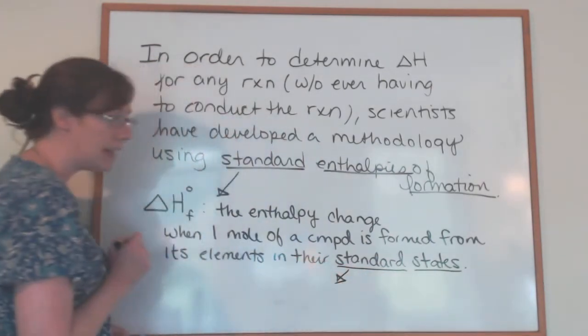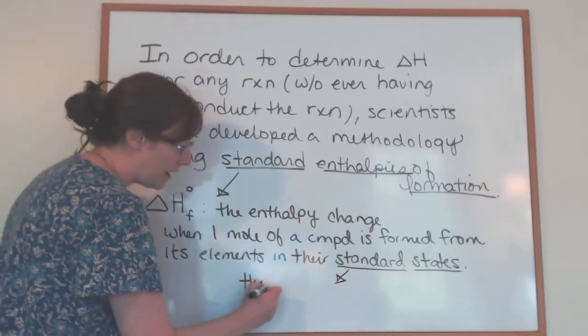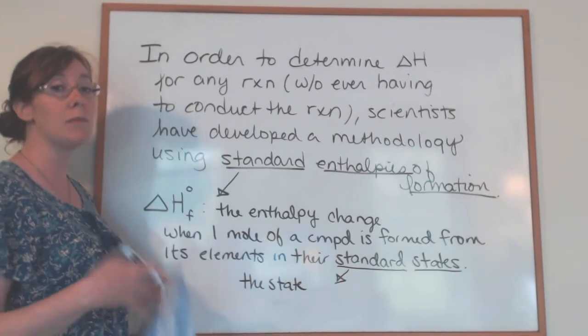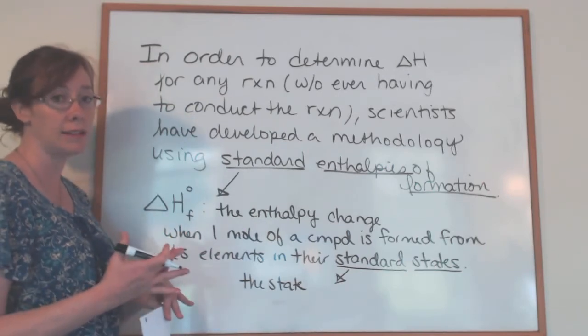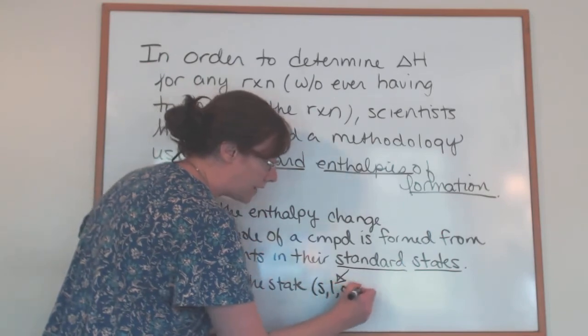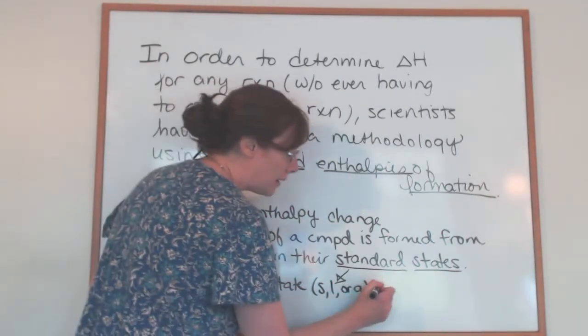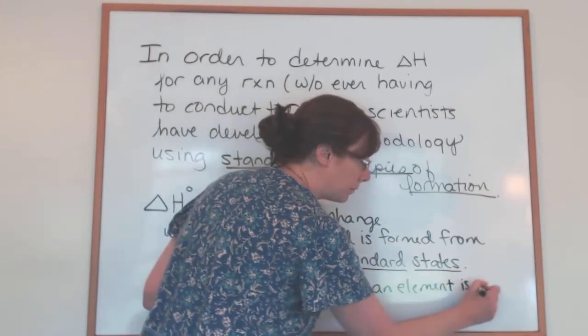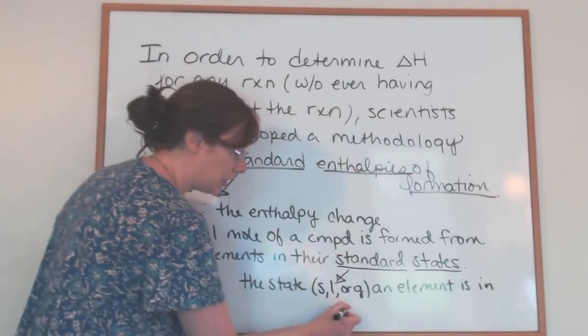The standard state of an element is the state the element is in. And when we say state in chemistry, we're talking about phase of matter, solid, liquid, or gas. The state, so solid, liquid, or gas, an element is in at 2 conditions.